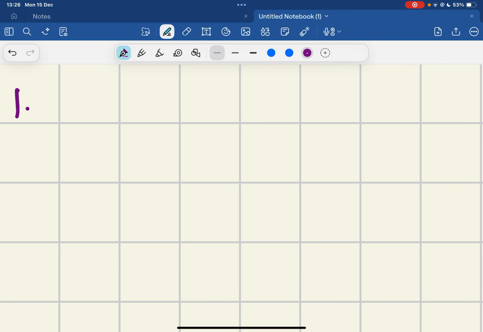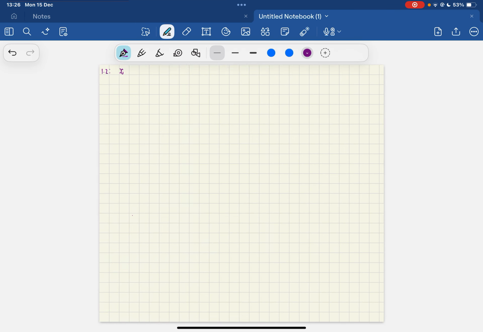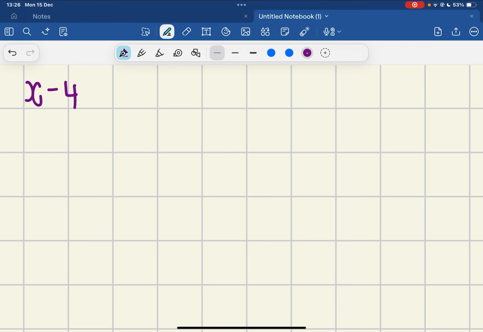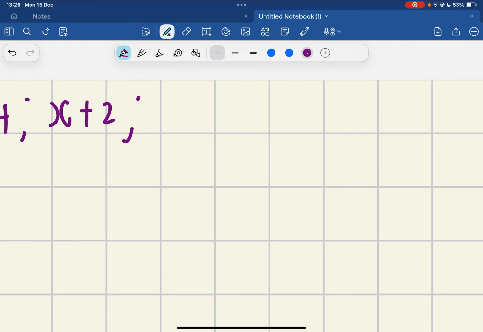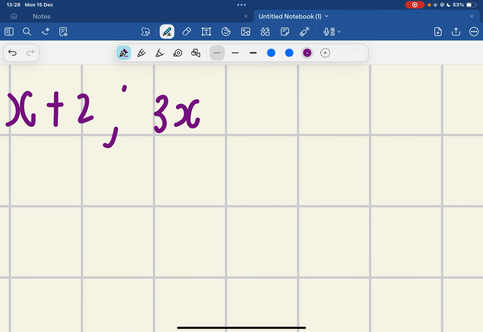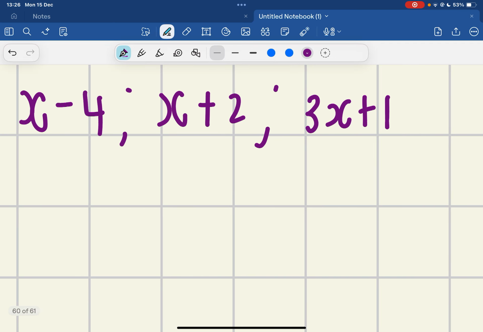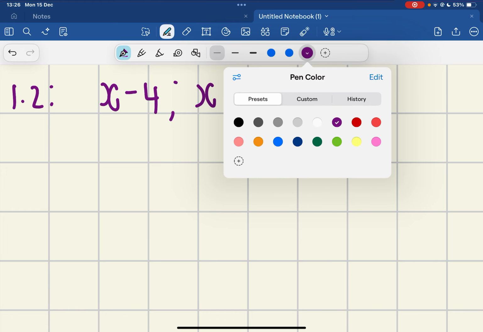So question 1.2, our sequence goes as follows: x minus 4, x plus 2, as well as 3x plus 1, boys and girls. And I'm just going to use 8.